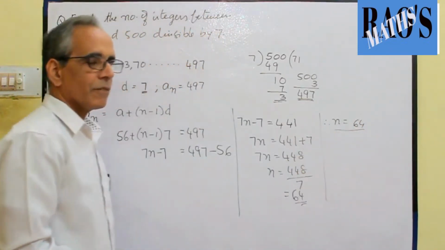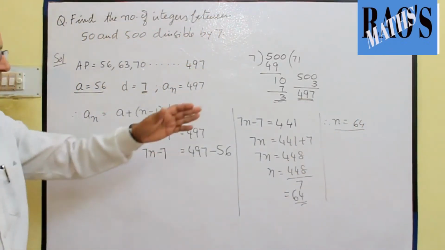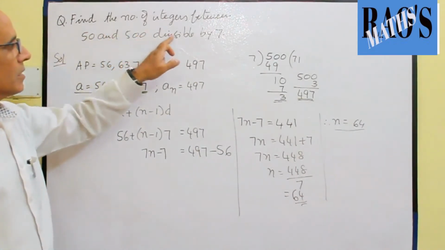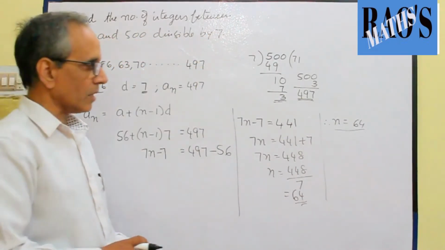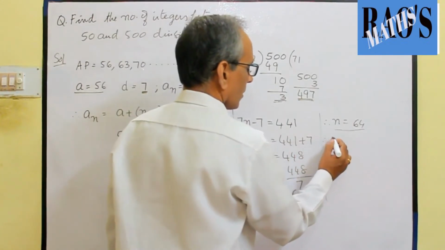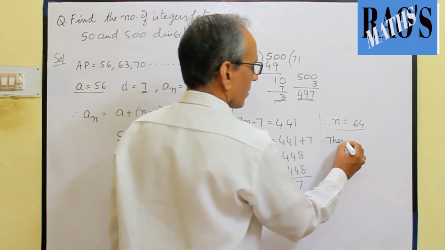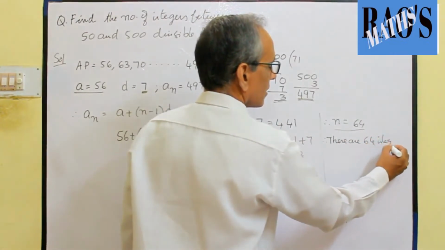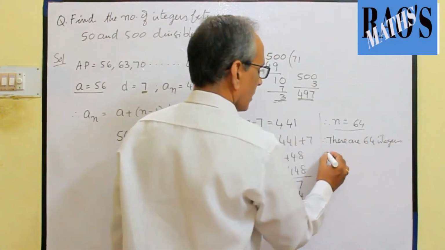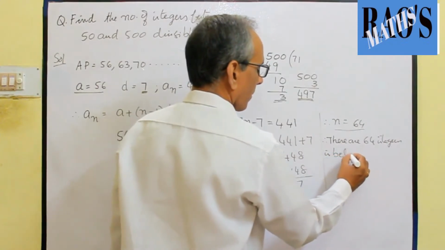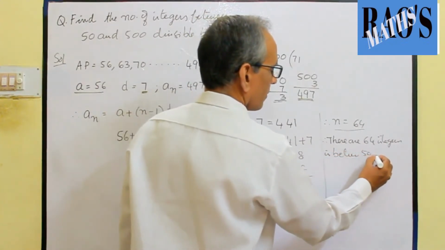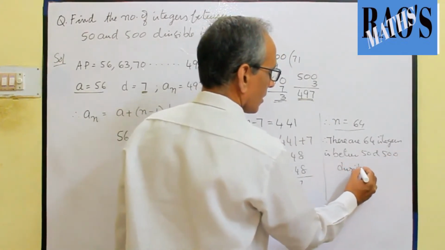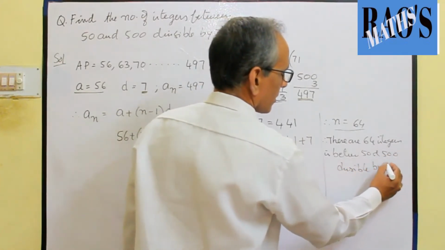So what we can infer finally, there are 64 terms in between 50 and 500 which are divisible by 7. Therefore, there are 64 integers in between 50 and 500 divisible by 7.